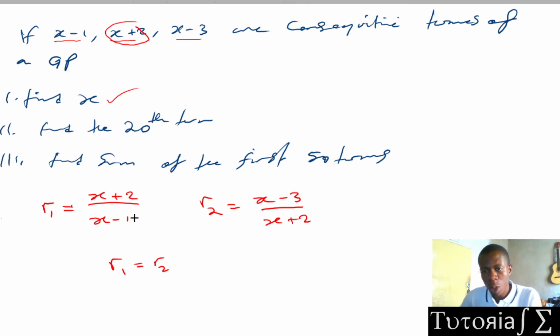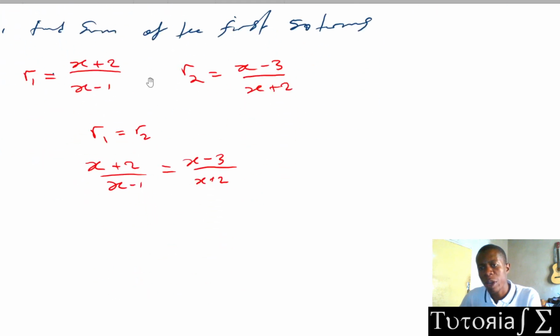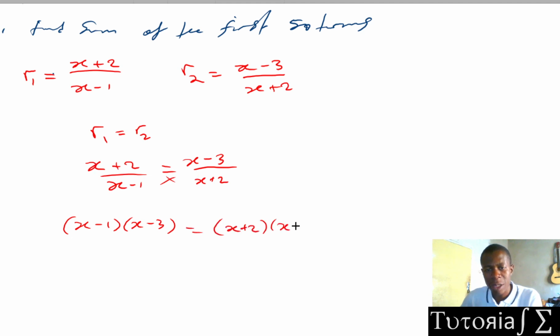So x plus 2 divided by x minus 1 should be equal to x minus 3 divided by x plus 2. So this is the common ratio. We now cross multiply. This times that, we're going to have x minus 1 times x minus 3. This times that, we're going to have x plus 2 times x plus 2.